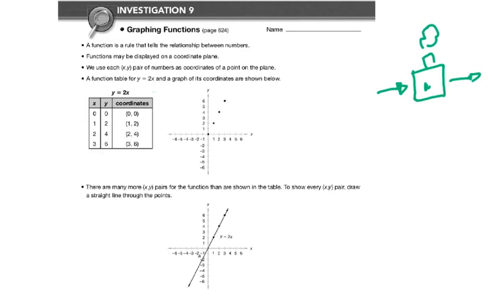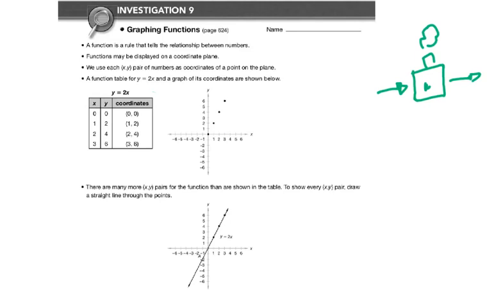Every time our x is 3, our y would be 6. These give us coordinates to plot on a graph. Our x and y give us these coordinates.